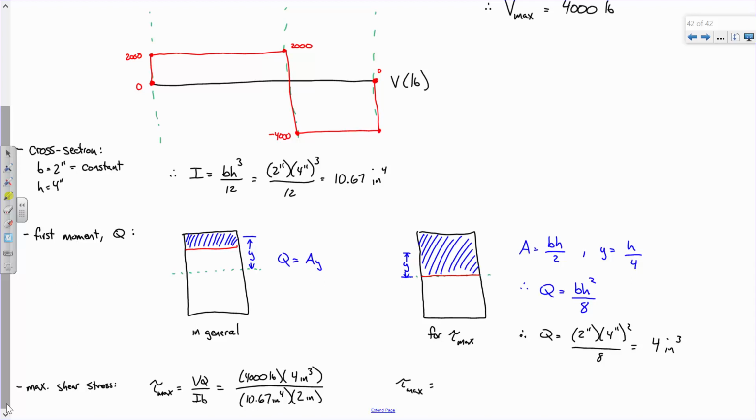First off, what are the units? It's a stress, so PSI. There we go. What are we getting for a value? 749.77.